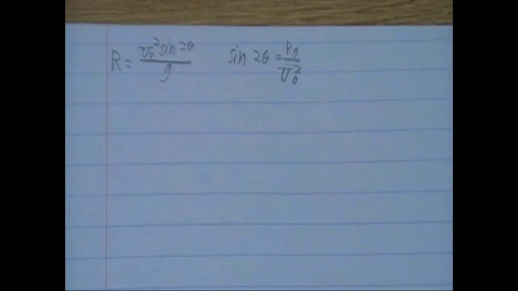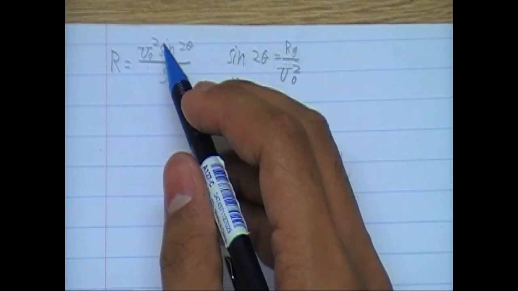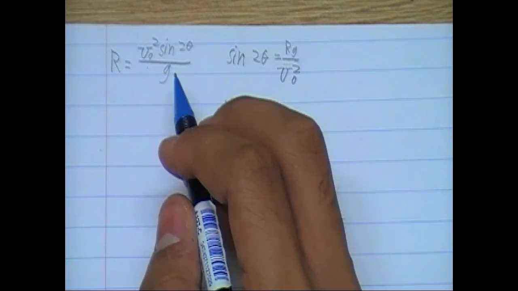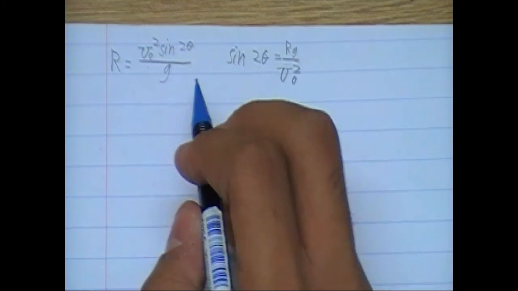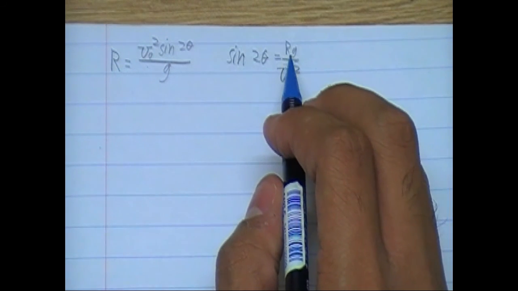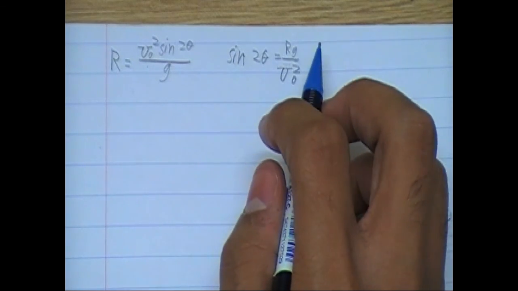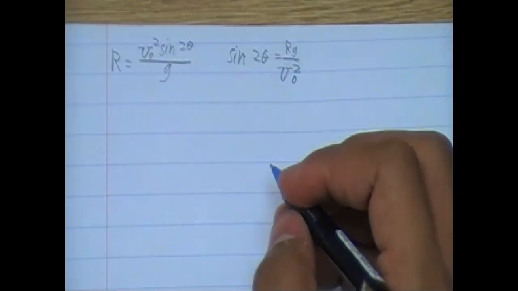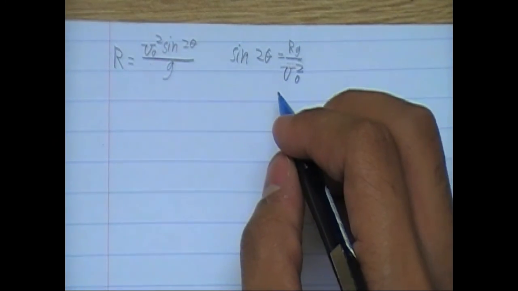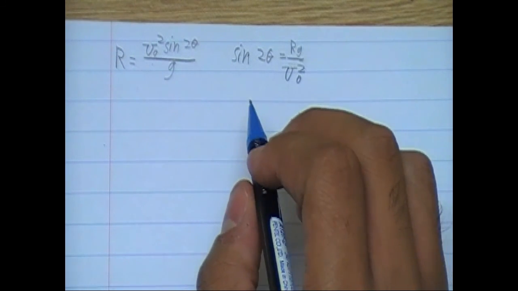The formula that we derived for range is range equals initial velocity squared times sine of 2 theta over g. If we don't know the angle, sine of 2 theta equals r g over initial velocity squared. Now, we measured the fire to be 4 meters from the starting point, and the velocity to be 15 meters per second.